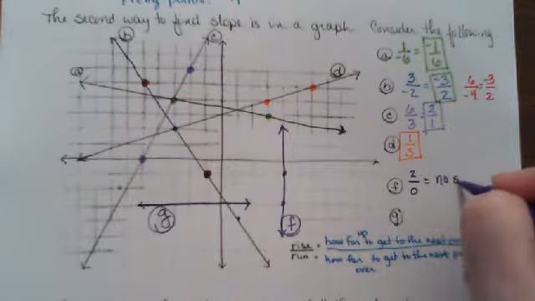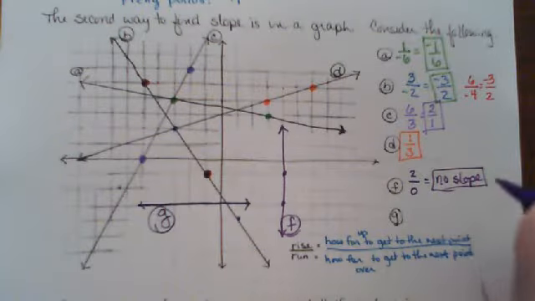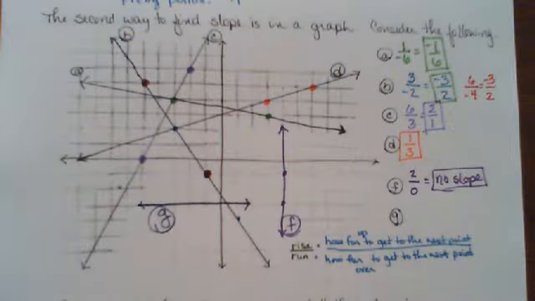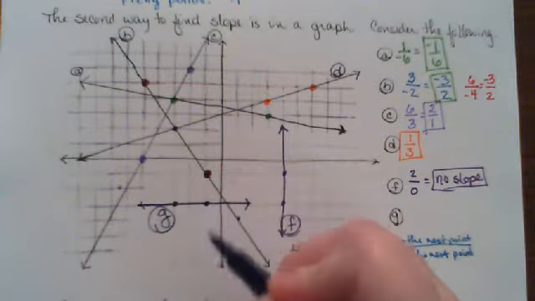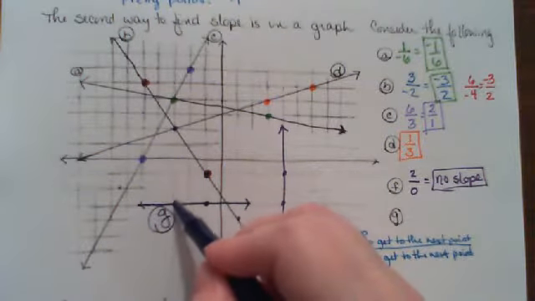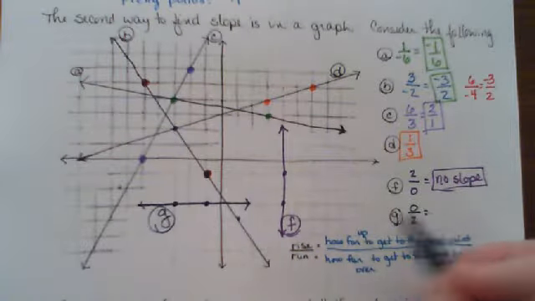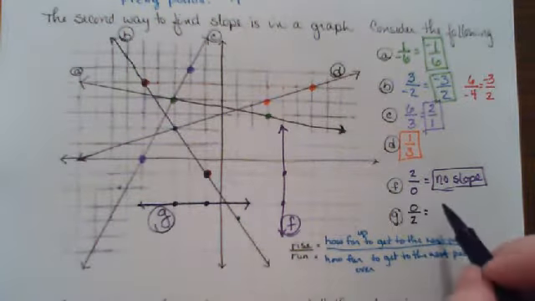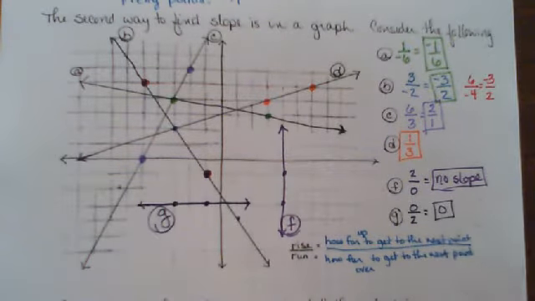That means it's no slope. For G, that's up none and over 2 from my 2 points. That's 0 on the top, so that's 0 slope.